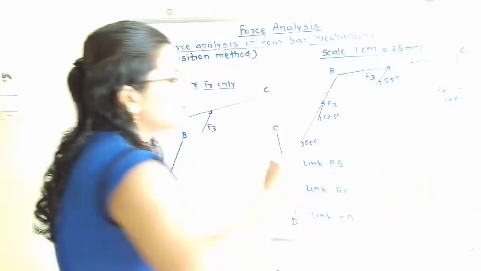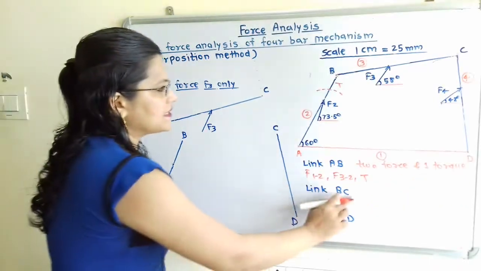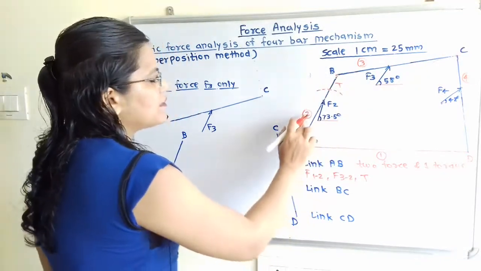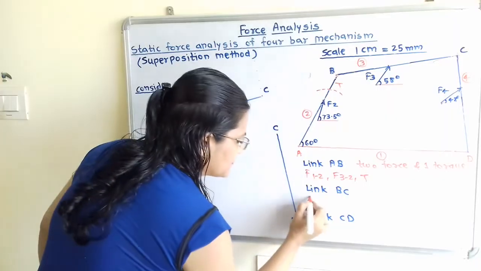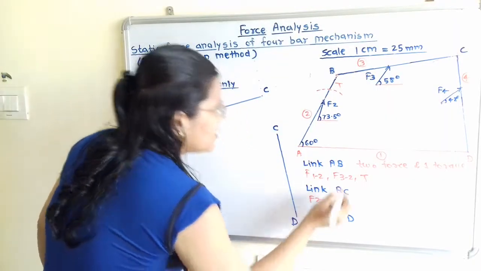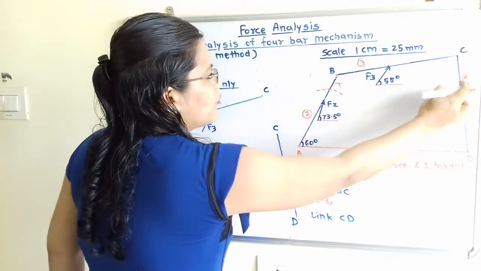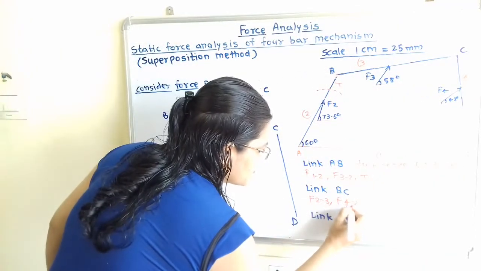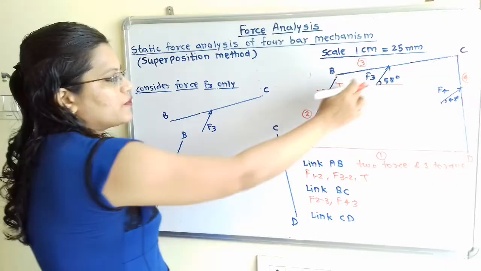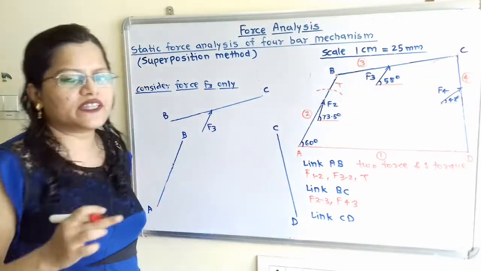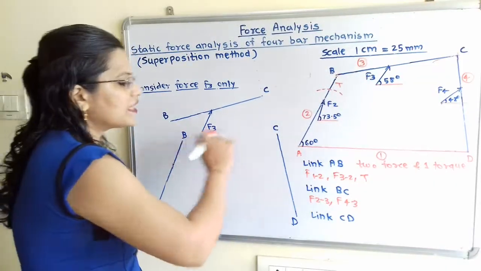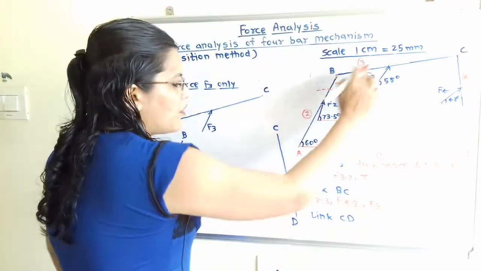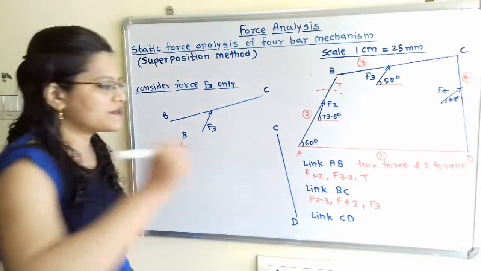Now we will move to the next link, that is BC. So for this BC, if we observe, through this point B, there is force F23. To this point C, there is force F43. Then we have to consider F3 force also. So we will take here the force F3. So this is the type of member, that is a 3 force member.